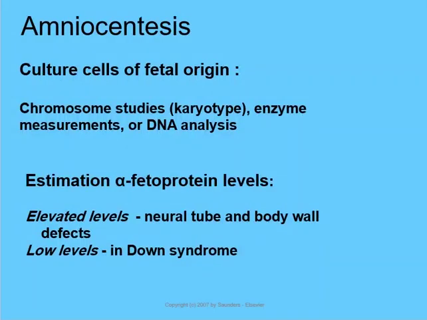With amniocentesis, we culture the cells of fetal origin for chromosomal studies, karyotyping, enzyme measurements or DNA analysis. Also, we can estimate alpha fetoprotein levels, because high levels indicate neural tube and body wall defects. Low levels may indicate Down syndrome.